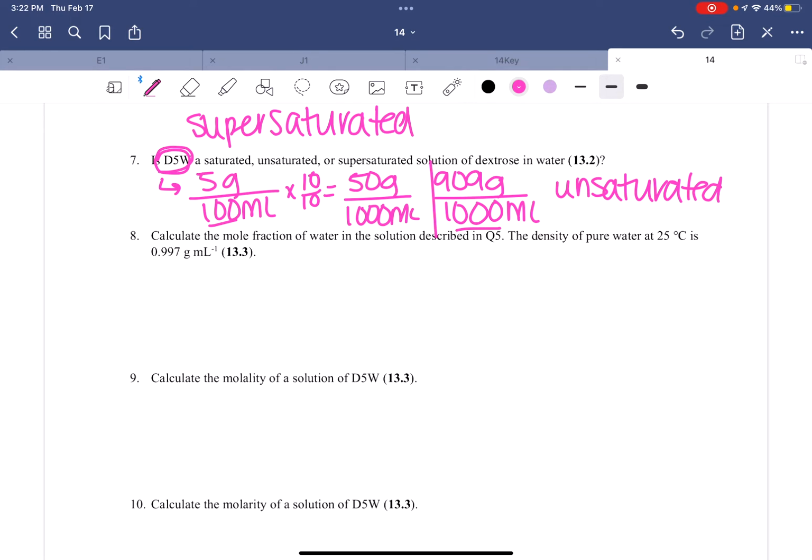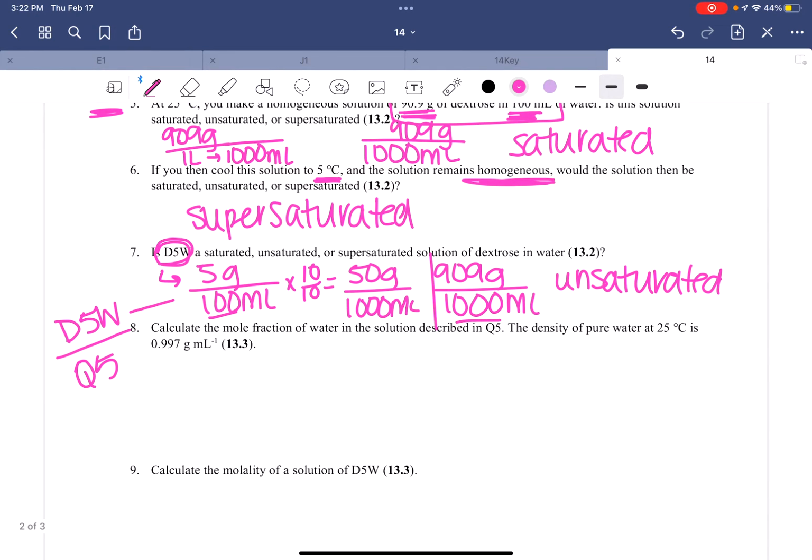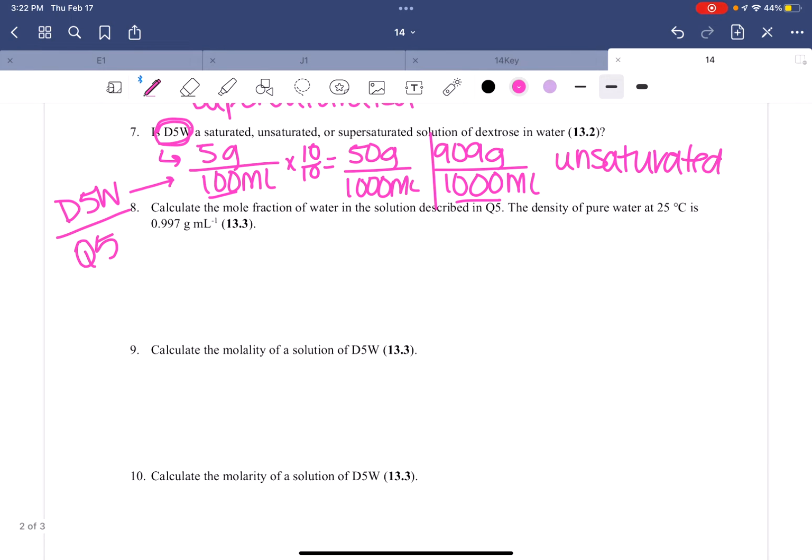Those are going to be described either as D5W or the solution from question 5, which if you'll remember, is the 90 grams of dextrose in 100 milliliters, whereas the D5W solution is 5 grams in 100 milliliters. So just keep that in mind and pay attention as we're going through this to which solution the worksheet is talking about in each problem.